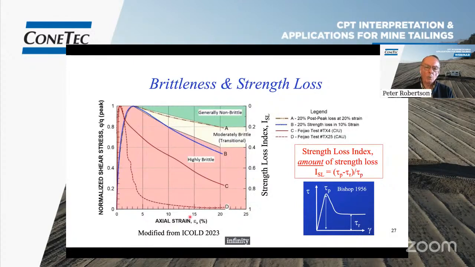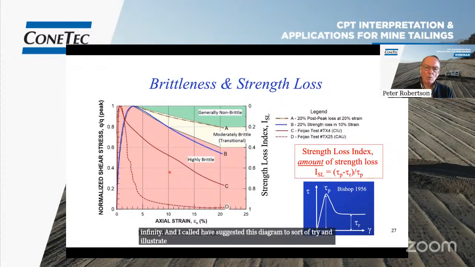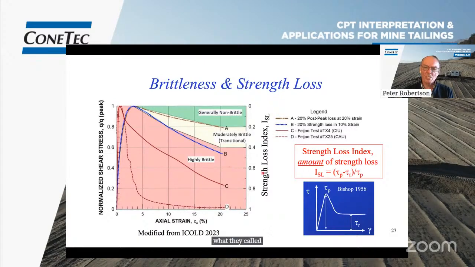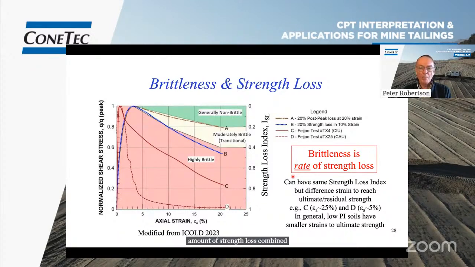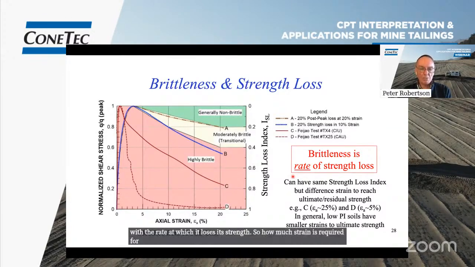And ICOLD have suggested this diagram to try and illustrate what they call brittleness. I'm suggesting a better term would be strength loss index, because the strength loss index talks about the amount of strength loss, which is what Bishop had suggested. And when we talk about brittleness, we're really saying it's the combination of the amount of strength loss combined with the rate at which it loses its strength. So how much strain is required for it to lose that strength.